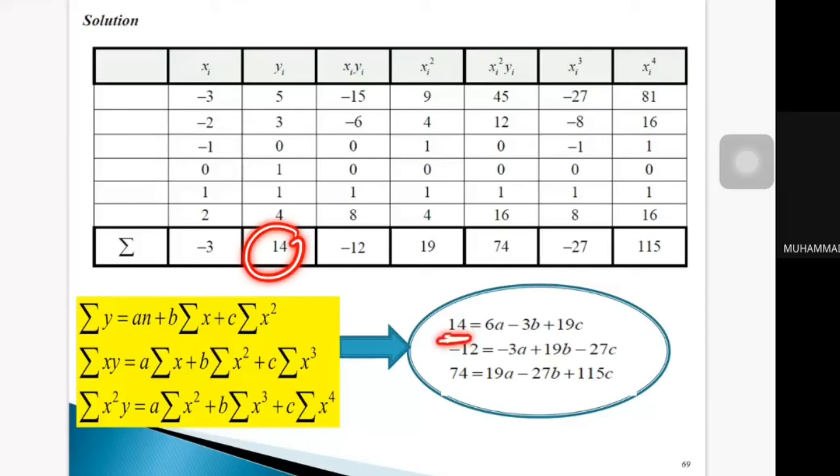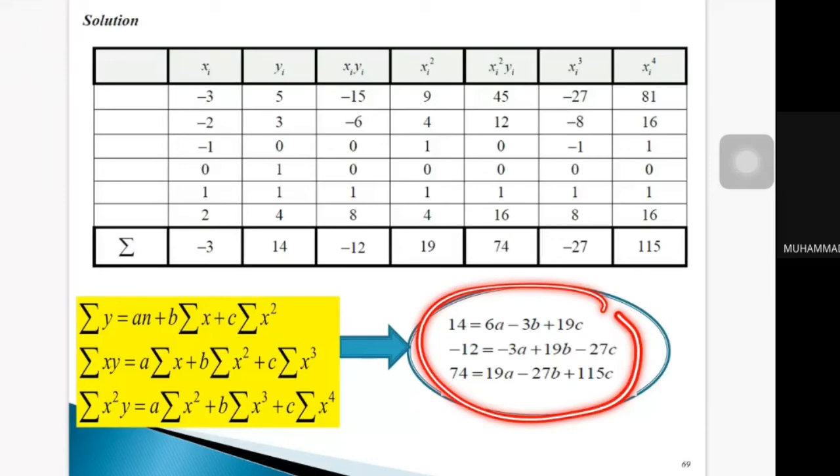Just substitute all this together. Then you get 3 equations with 3 unknowns, A, B, and C. A, B, and C are the unknowns that you need to find. Okay, you have to solve this system to obtain the values of A, B, and C.